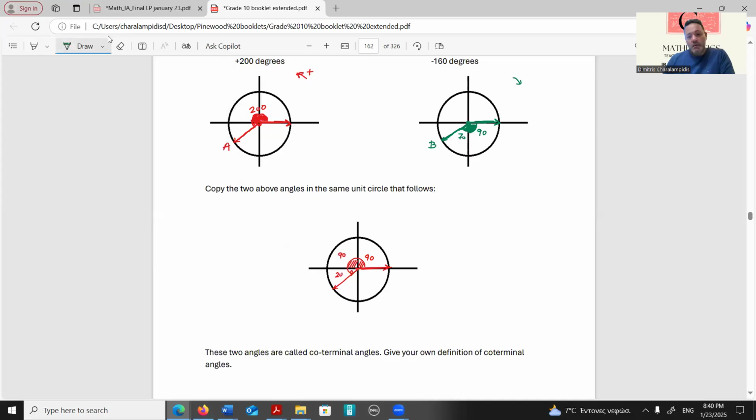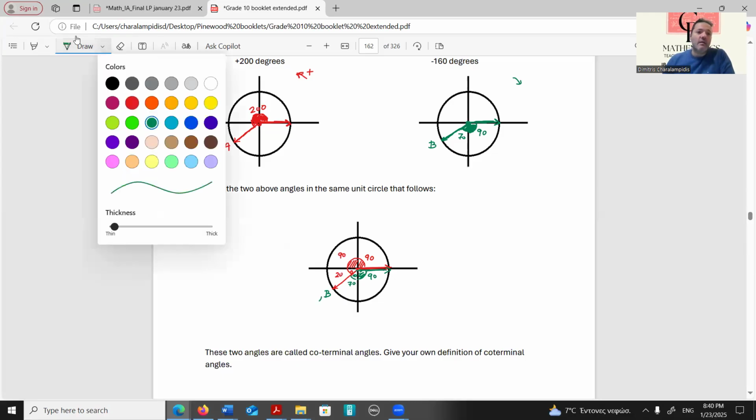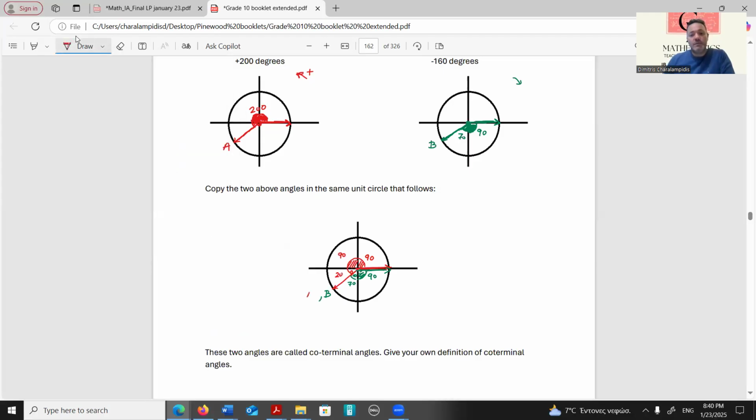And the minus 160 would have been 90 as well, and another 70. By doing so, I can easily tell that both endpoints A and B are exactly one on top of the other. Now, how can this help us?